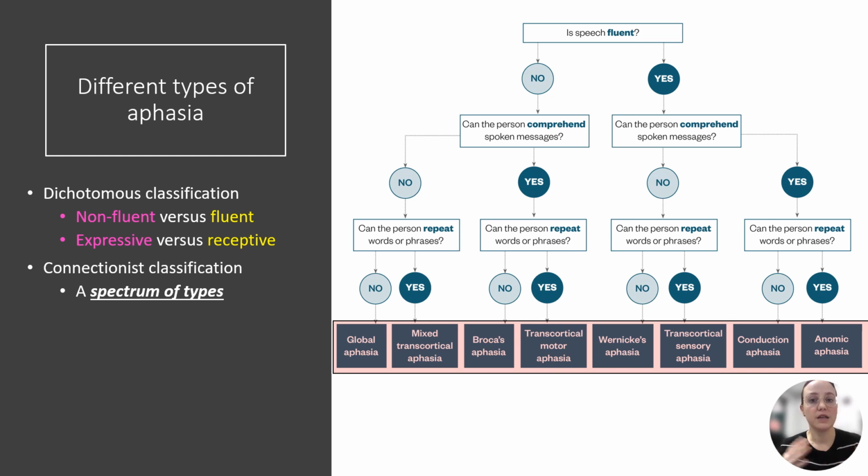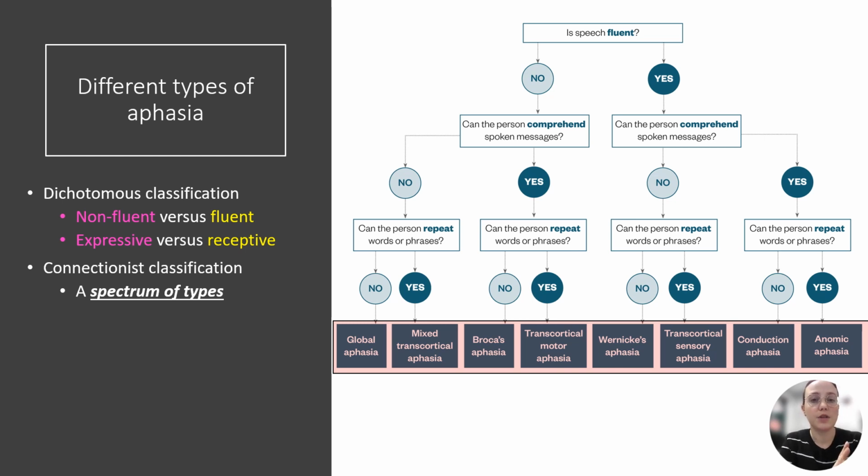Now, within many of these types of aphasias, we see a variety of severities, meaning that in some of these types of aphasias, in particular Broca's aphasia, conduction aphasia, Wernicke's aphasia, we do have a variety of severities that are present. So someone with Broca's aphasia may have a more severe impairment in word finding than another person who tests as having Broca's aphasia.